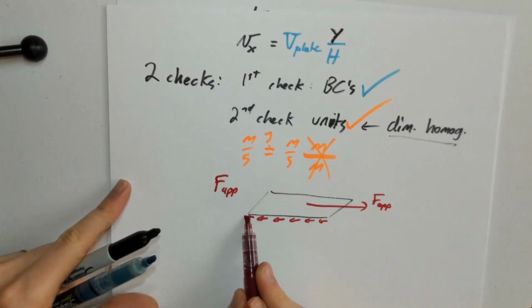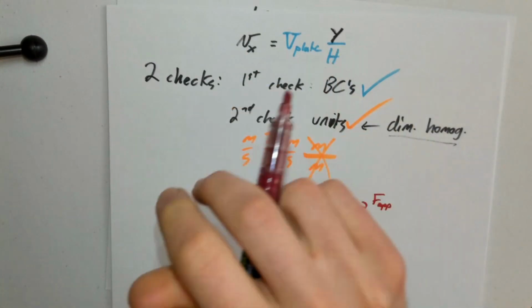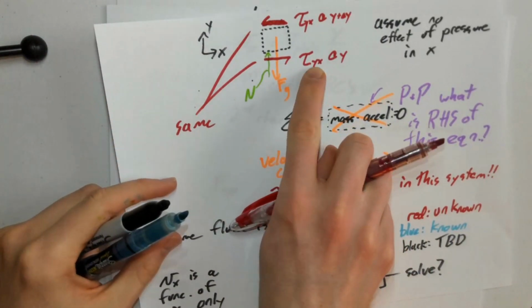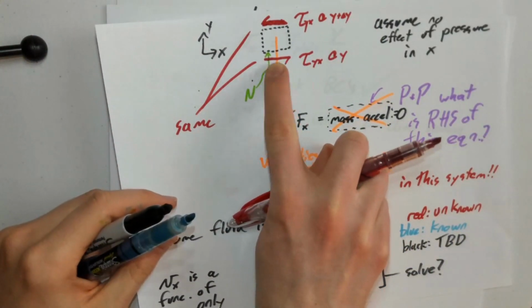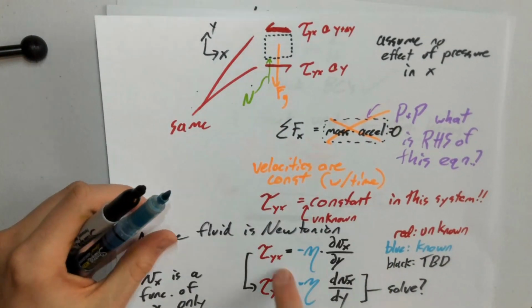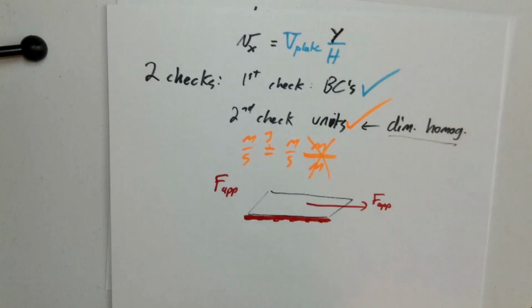But the way it's defined, physically we know the shear stress is kind of dragging back on the plate here. But if you recall from our definition of shear stress, and the way we worked it out in this problem using our constitutive relationships, tau yx is defined to have been pointing to the right in this case.